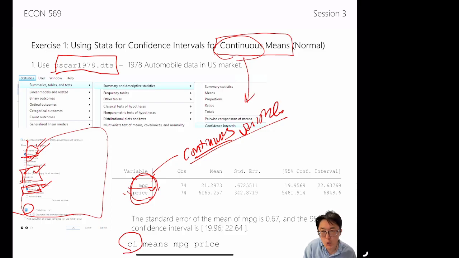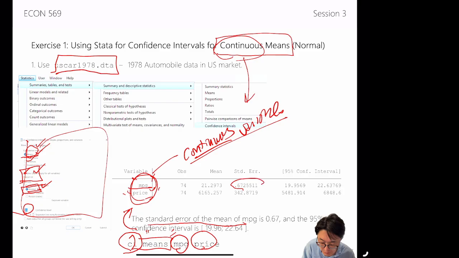So then you need to assert that this variable is continuous means, and you are interested in MPG and price. Then Stata will return the standard error of the mean of MPG, which looks like this.